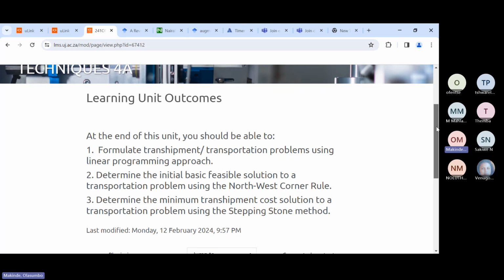What that English is saying is, how do we convert a transportation problem that we are facing in a manufacturing organization or a service organization into a mathematical model? When I talk about models, I know I'm using terminologies which may confuse you, so I will explain them.